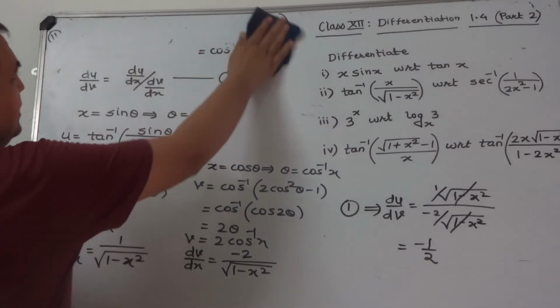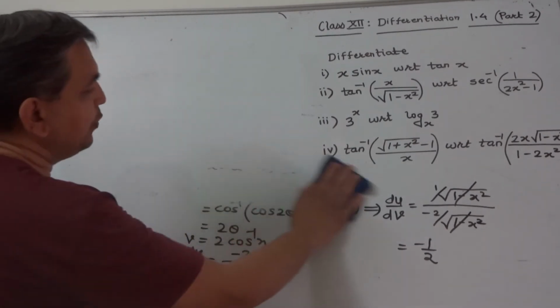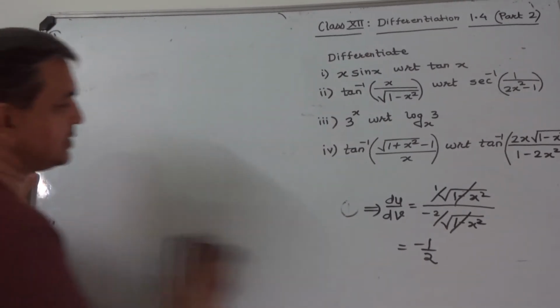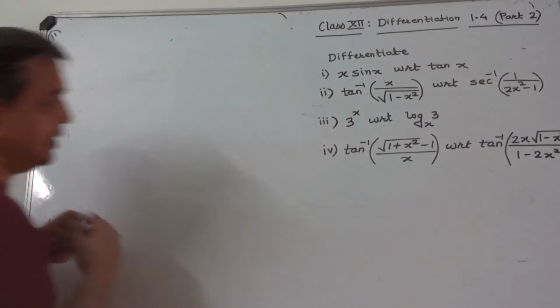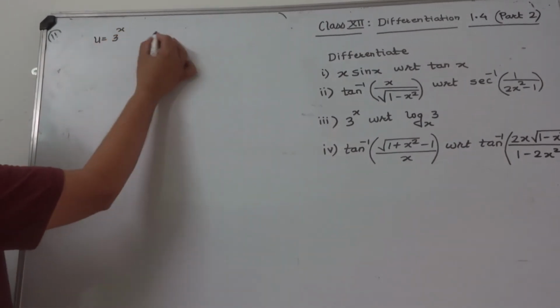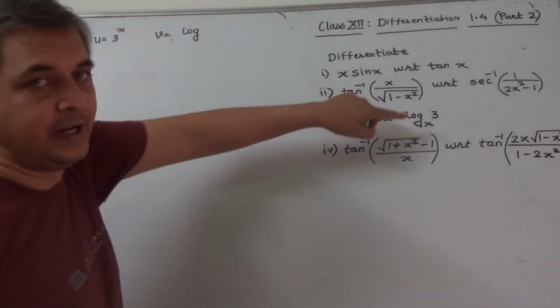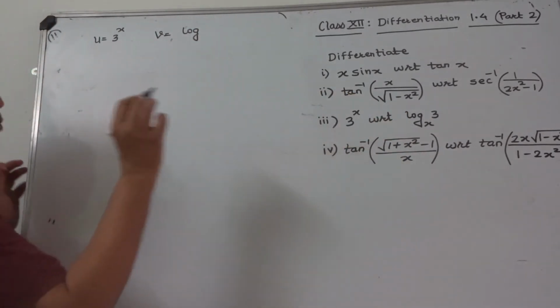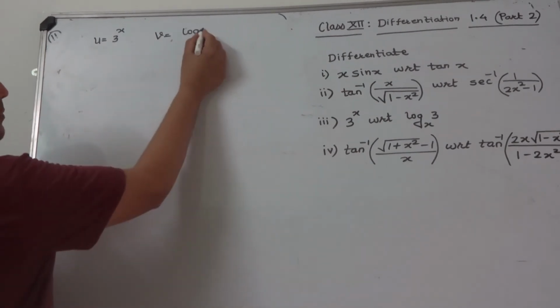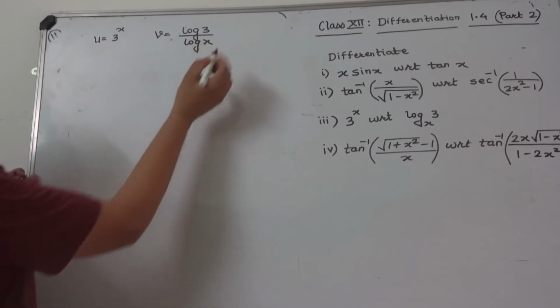A simple question, again in terms of x, two functions. Again we write this as u and v, and the method is the same. So let us write u equal to 3 raised to x and v equal to log 3 to the base x. Using properties of logarithm, we can write this as log 3 upon log x.